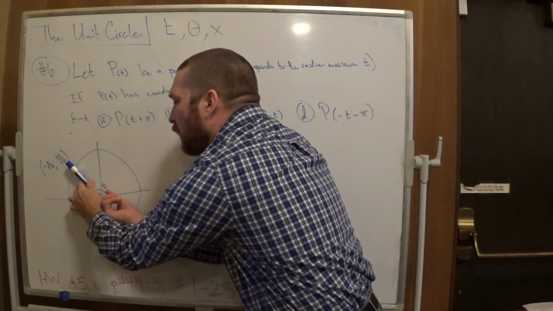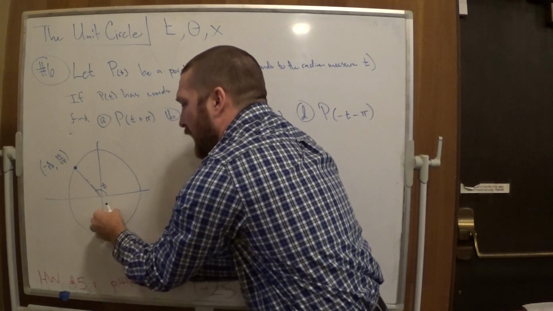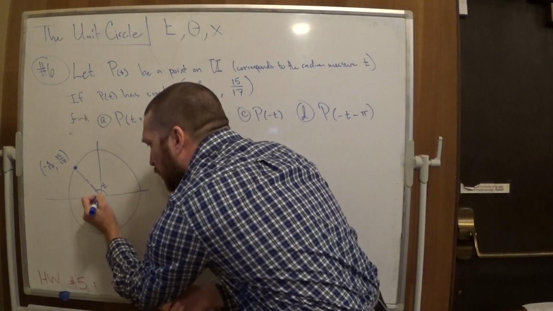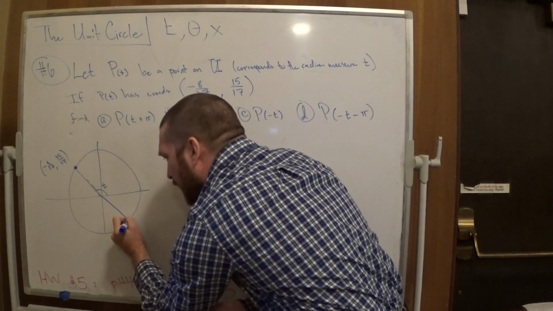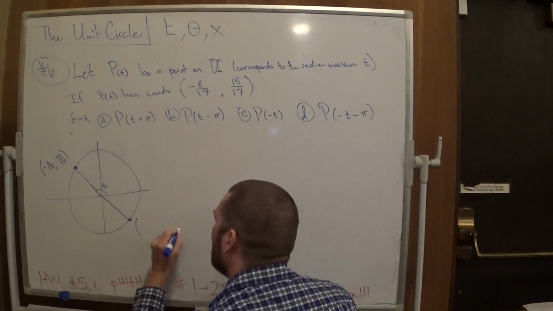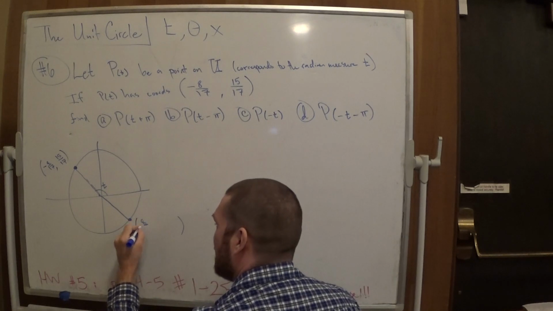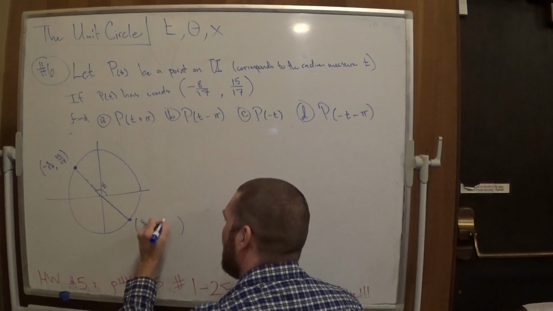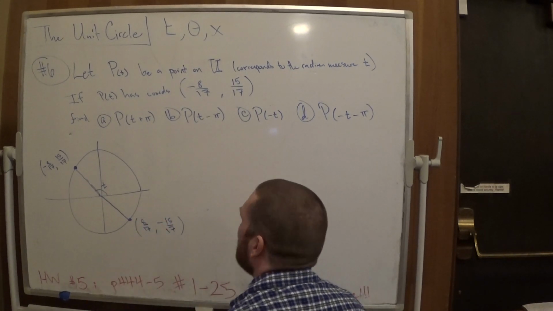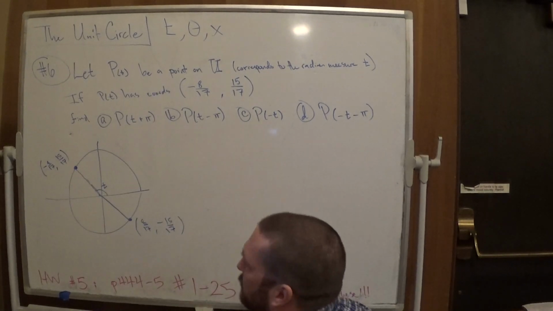Well, if you kept going another pi radians, it would be a straight line, wouldn't it? And so what would the coordinates be in that case? 8 17ths and negative 15 17ths. There you go. That's all it's asking. That's the answer to number A. That's where you would be.